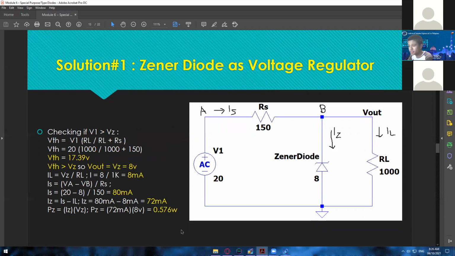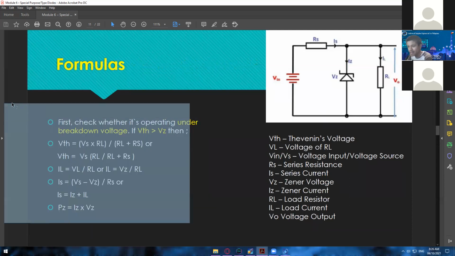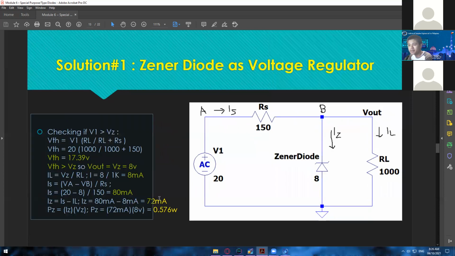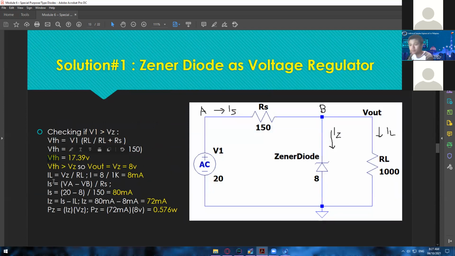Actually, there is no tricky part in here. Whatever we have in here, we can just simply get that one and paste it right here, and then just substitute all of the given values. And then we'll be able to solve the VTH, the IL, the IS, IZ, or the PZ.